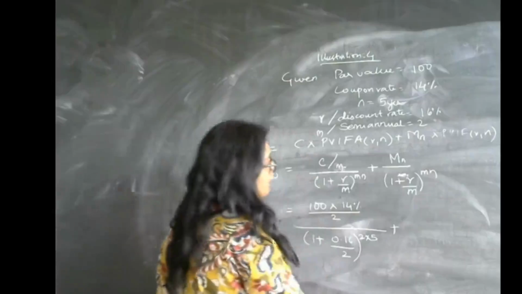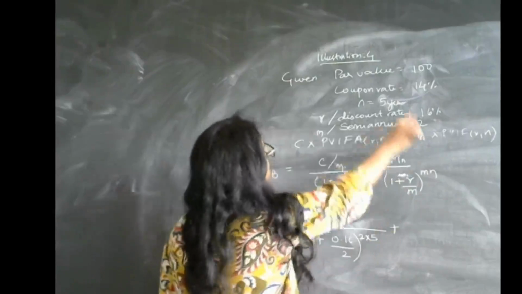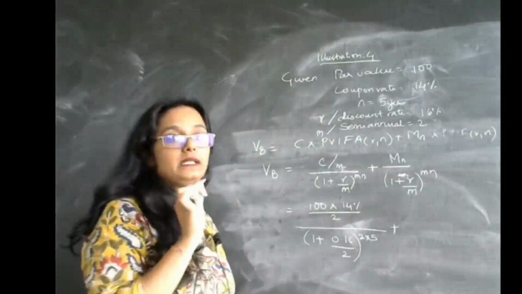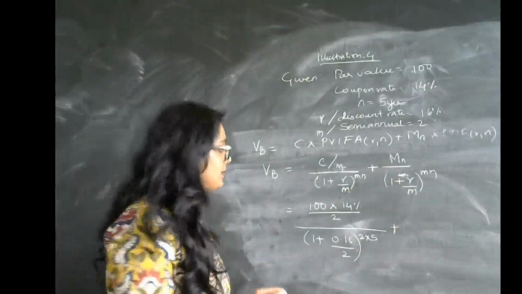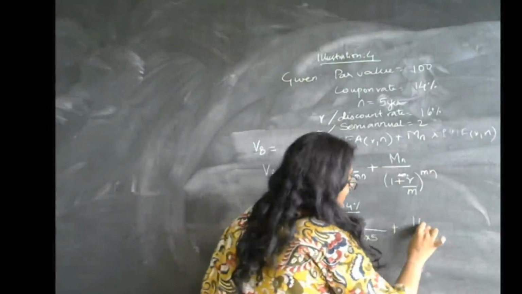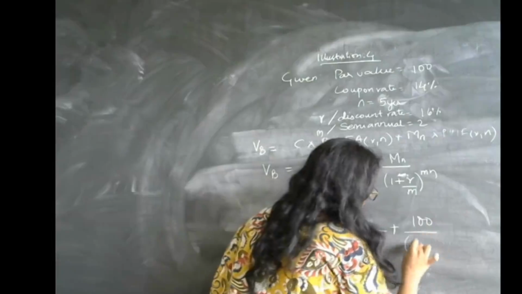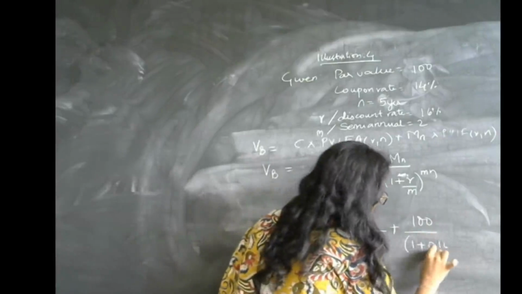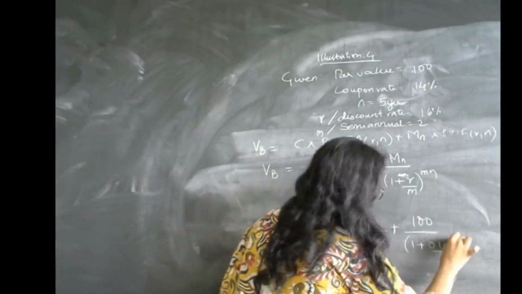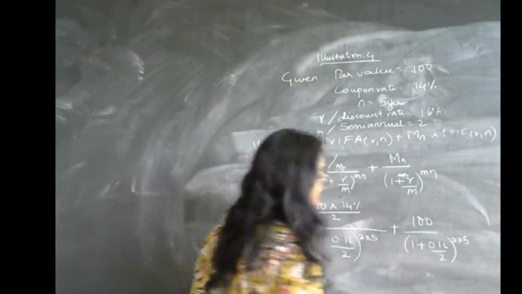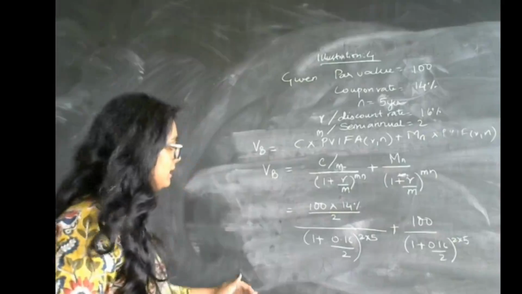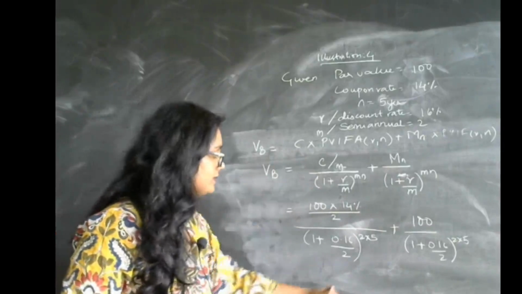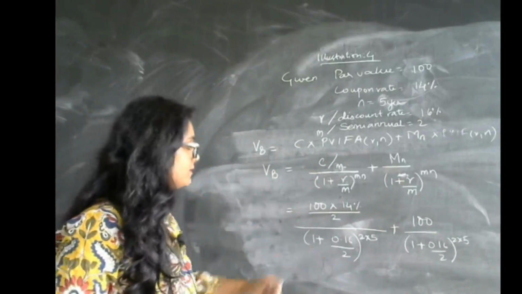Plus, now the redemption. Since it is a par value bond, it will be redeemed at par. That is very clear. So the par value is 100. The same thing we are going to do, that is 0.16 divided by 2 multiplied by 5. Now, what is this going to be?